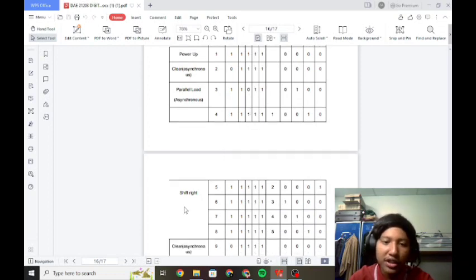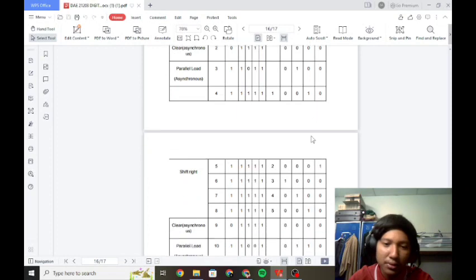Next we have the shift right, line 4, 5, 6, 7 and 8. At line 4, when clear is 1, input A is 1, B is 1, C is 1, D is 1, and at clock pulse 1, we have output at A is 0, B is 0, C is 1 and D is 0.